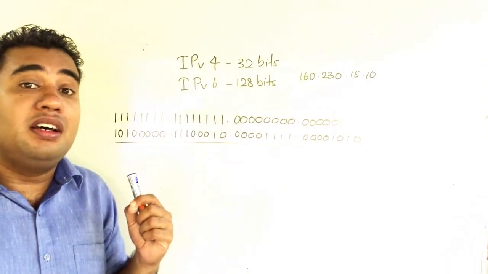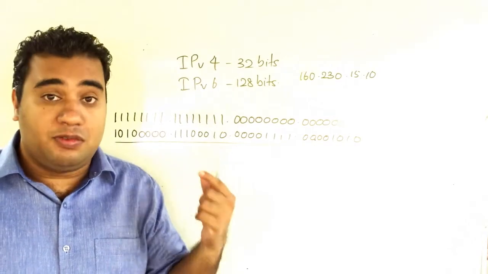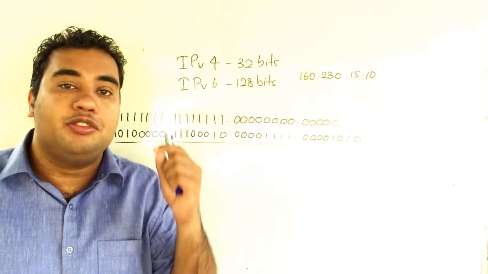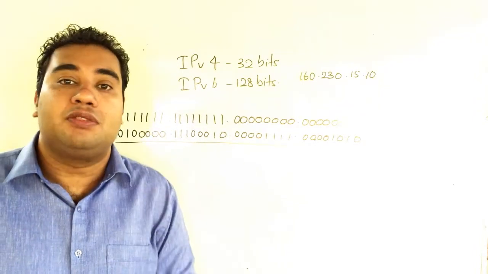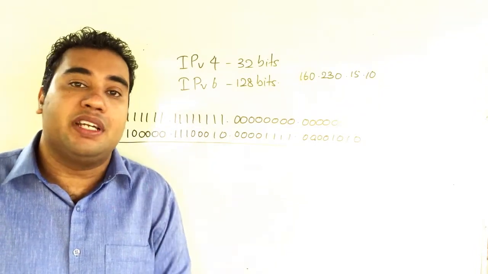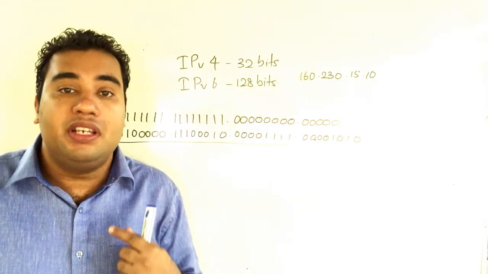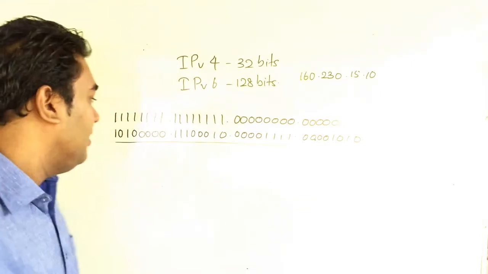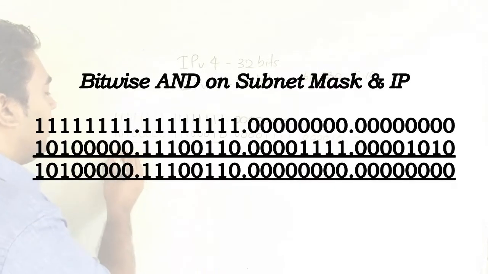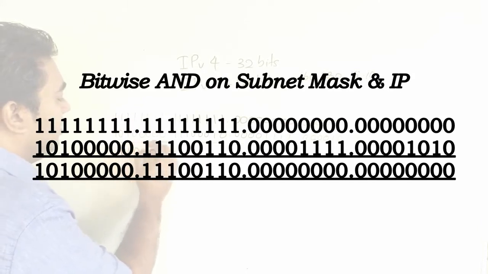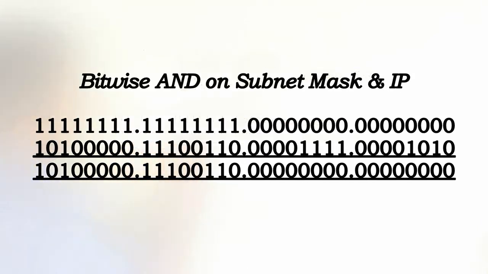We know that to get the output as 1 in a bitwise AND operation, you should get both the inputs as 1. If one of the inputs becomes 0, the output will be 0. So AND operation between these will give 1 0 1 0 0 0 0 0.